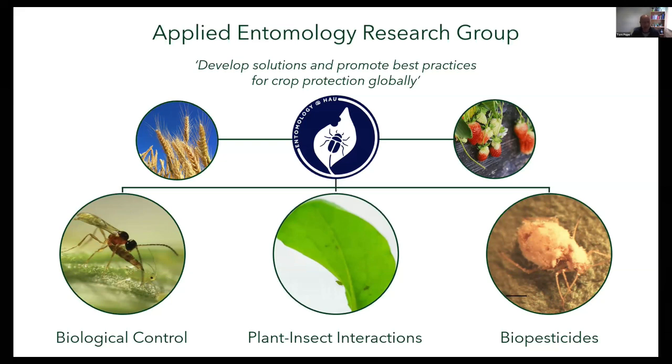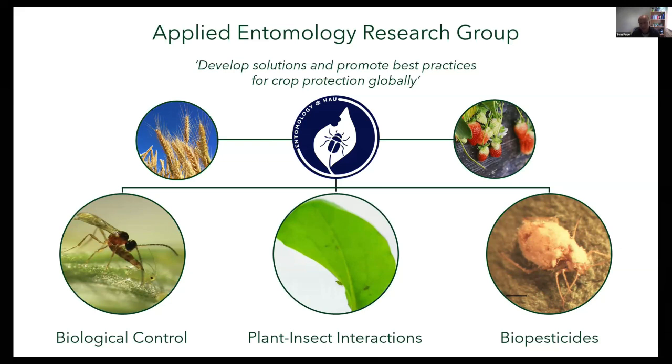Well, our focus is really around developing effective biological control solutions. So that's where we're trying to exploit the natural enemies of key crop pests. We're focusing, particularly relevant to this studentship, on plant-insect interactions. So that may be how the pest damages the crop, but it may also be focusing on host plant resistance to the pest.